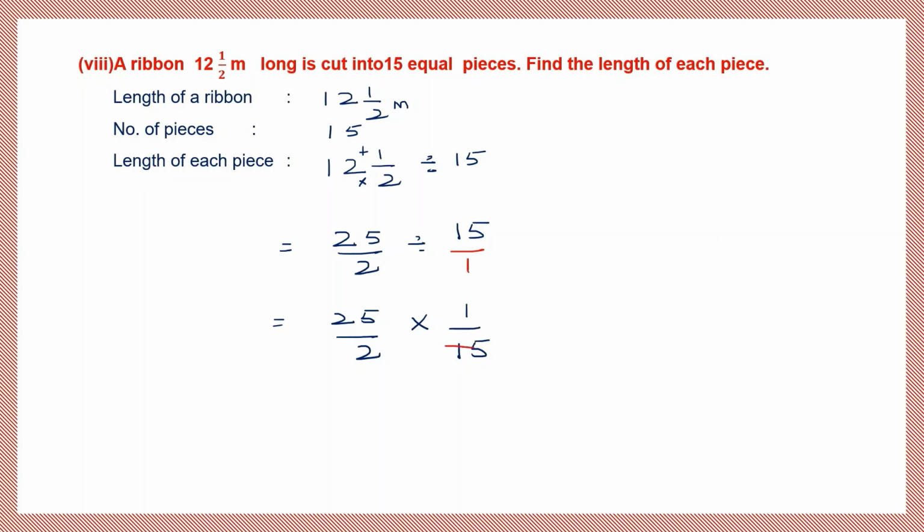So that will be 5 3s are 15 and 5 5s are 25. So now what do we have left in the numerator? 5 1s are 5. Denominator 2 3s are 6. So now we have found the length of each piece to be 5 by 6 meters. Because question says find the length of each piece. We just found the length to be 5 by 6 meters.